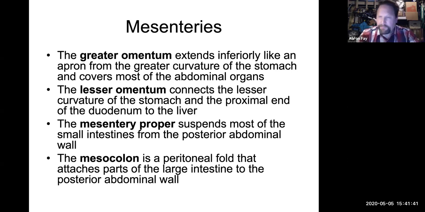So the duodenum is where your stomach meets your small intestines. That short first section of small intestines is called the duodenum. Next one, the mesentery proper, is what's going to support the vast majority of the intestines in your abdominal cavity. The mesocolon is going to support the large intestine as it moves across your abdominal cavity.